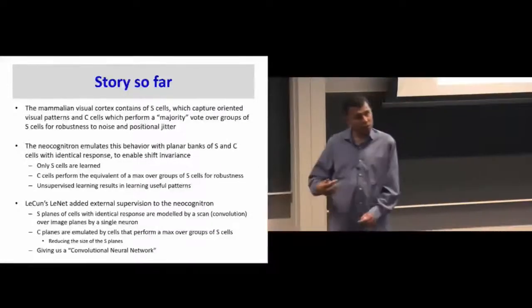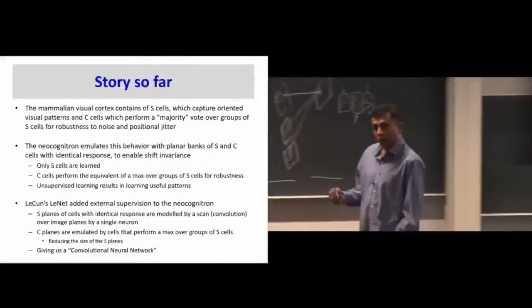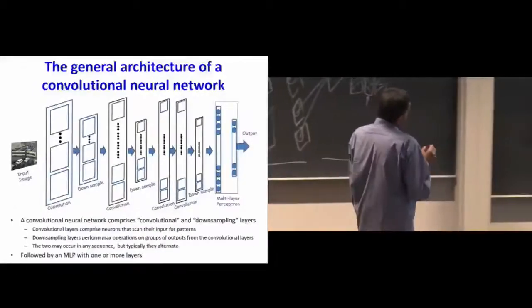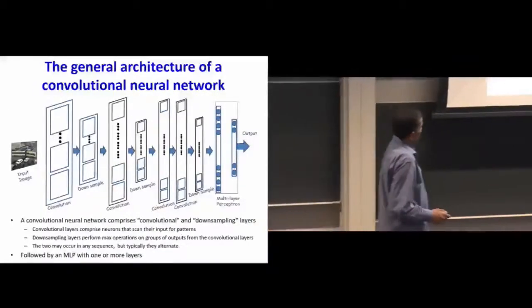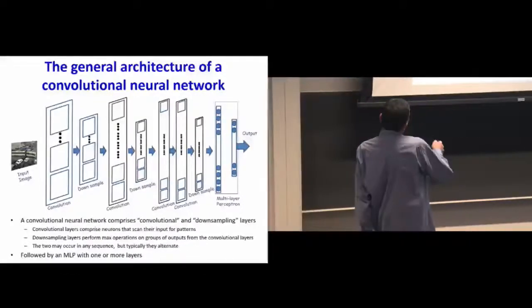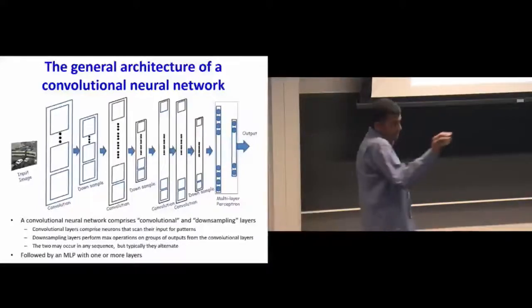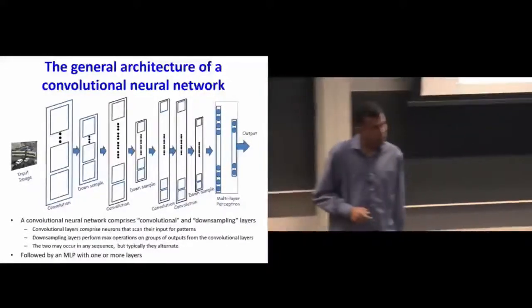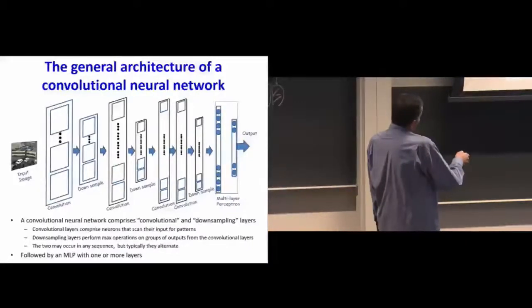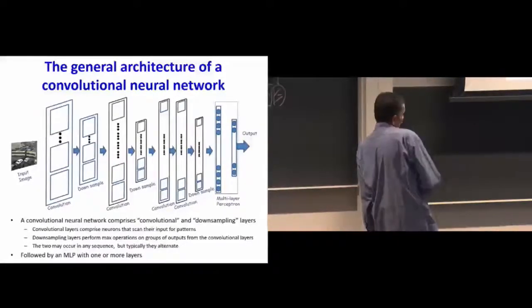The entire structure was now the convolutional neural network that we saw in the last class. So here's the general architecture of the convolutional neural network. It comprises convolutional and downsampling layers. These convolutional layers comprise neurons that scan the input for patterns. And then the downsampling layers perform max operations on groups of neurons from the convolutional layers.